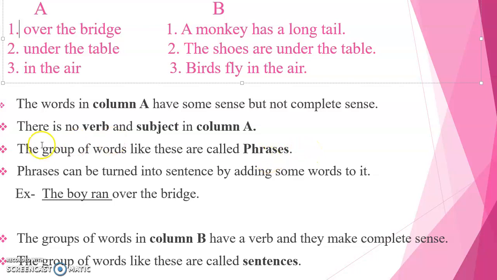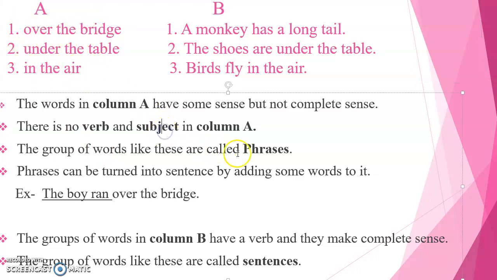Again, the groups of words like these are called phrases. Phrases can be turned into a sentence by adding some words to it. Understood, students? A phrase is not a sentence. It is a group of words and we can make a sentence by adding some words to it.